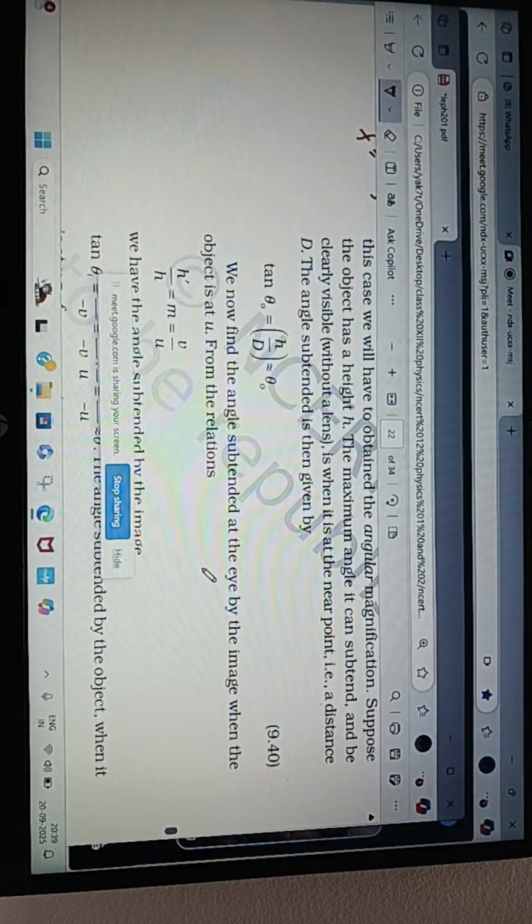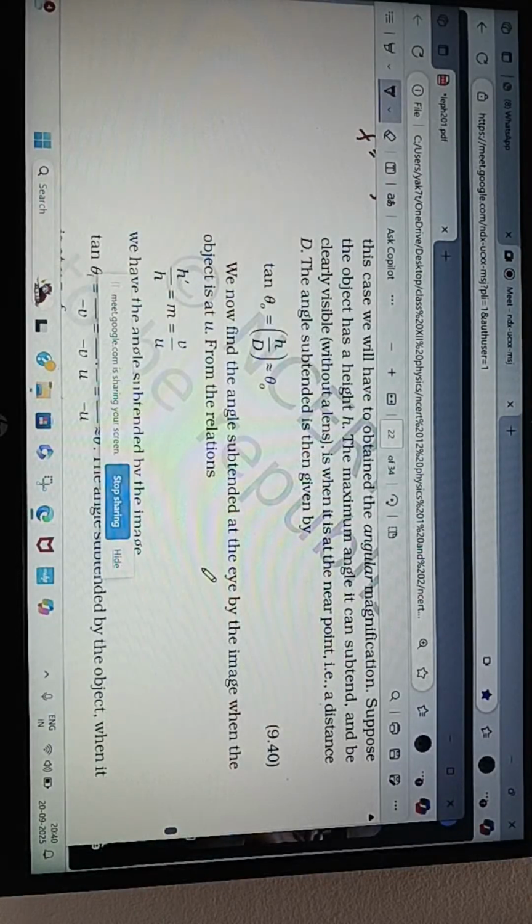From the figure you can see the object distance, the angle. H is what? It's the height of the object. Okay. D is what? Sir, the distance of the near point, 25 centimeters. Distance of distinct vision.